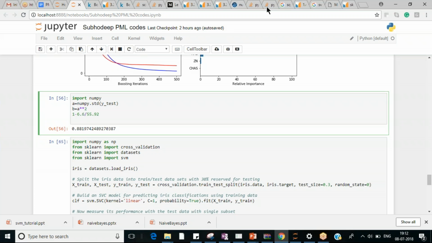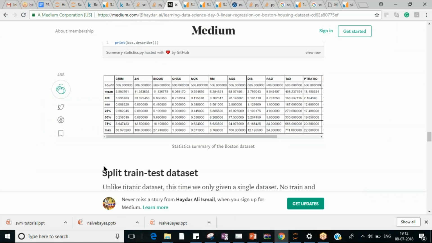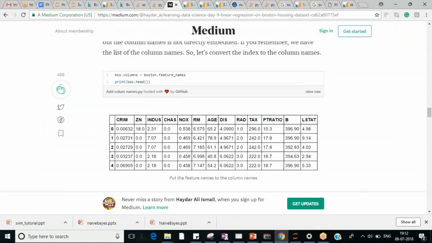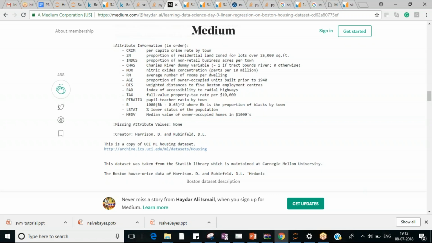Now, Sunil, Vasant had this question: what is LStat? Just a second, I need to see what is LStat. Percentage of lower status of the population. I think this actually makes sense, right? If your population has a lower status, it means that neighborhood is not very expensive, and that's why the prices of that neighborhood will be very low.